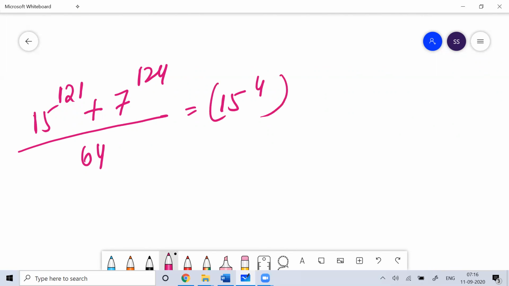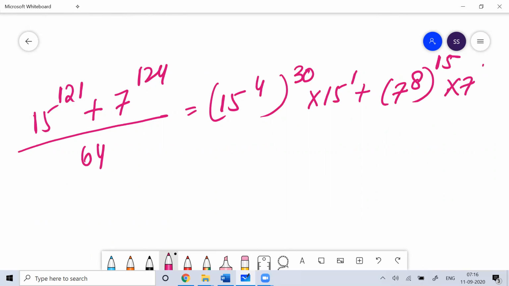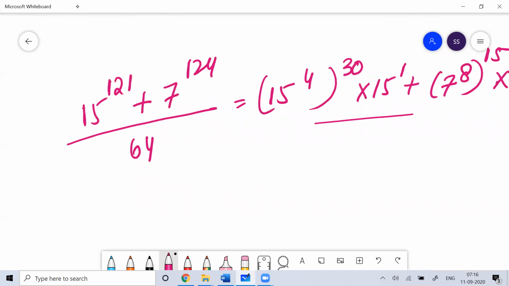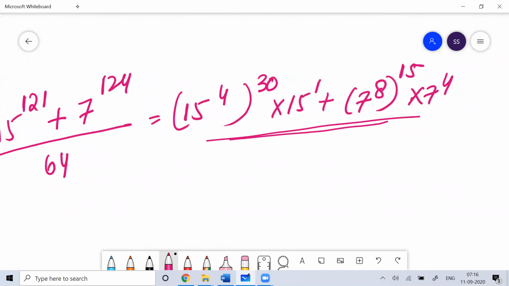So this is 15 to the power 120 times 15, plus 7 to the power 8 raised to 15, times 7 to the power 4, divided by 64. This part will give remainder 1.